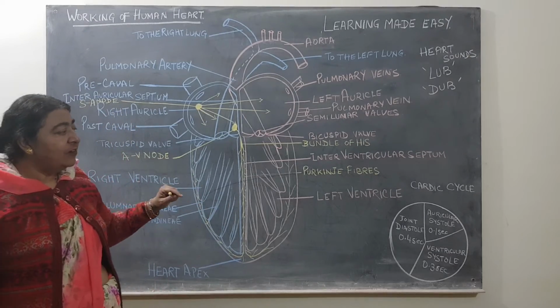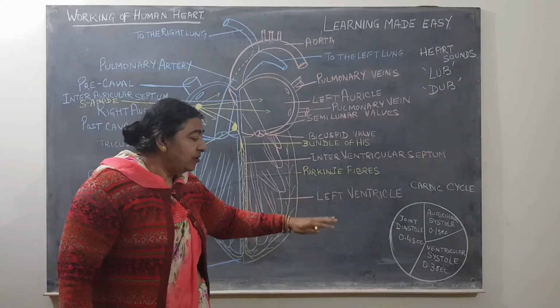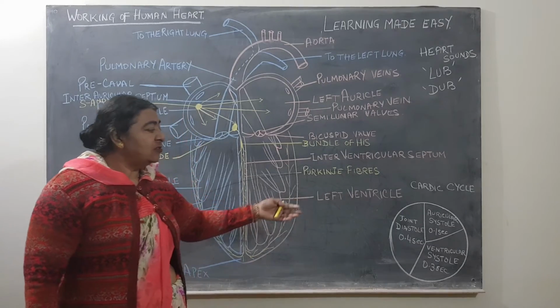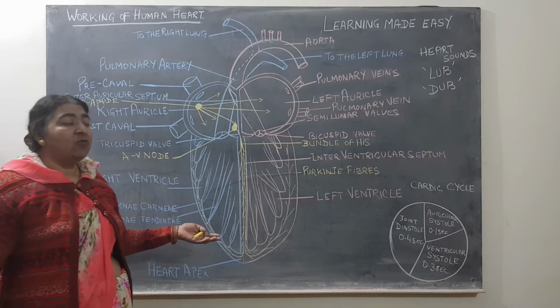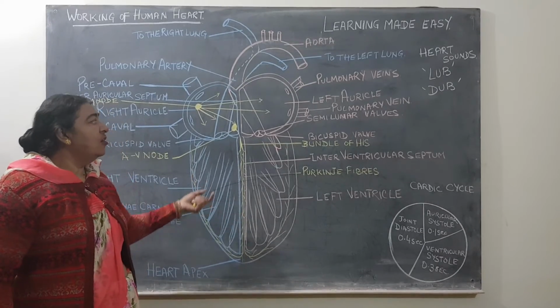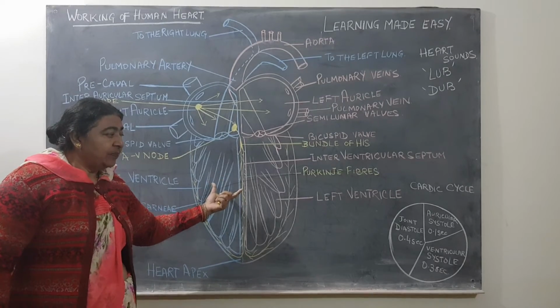So today we have done the cardiac cycle, which is auricular systole, ventricular systole, and joint diastole. Joint diastole is sometimes also called cardiac diastole. That is the rest period for the auricles and the ventricles to relax.